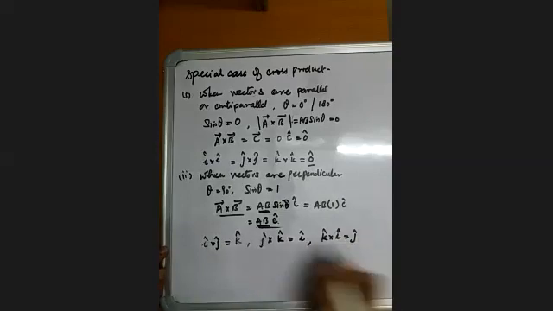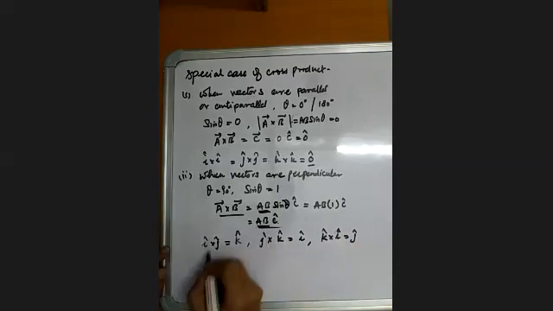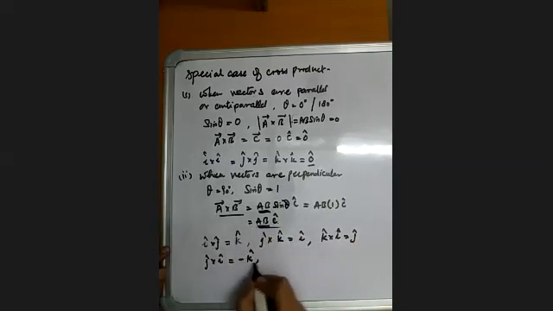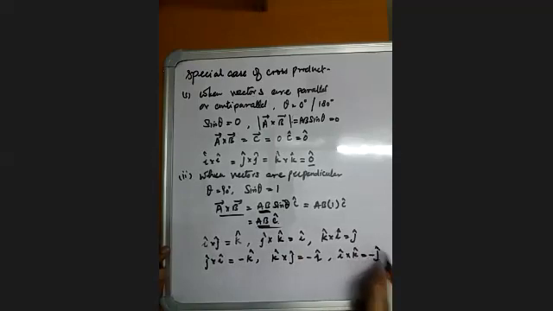Okay. And if you remember, J cap cross I cap, B cross A, the direction becomes opposite. So it will be minus K cap, K cap cross J cap will be minus I cap, and I cap cross K cap will be minus J cap.